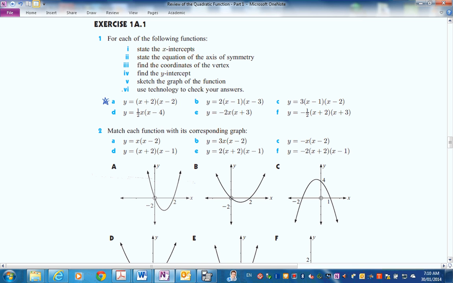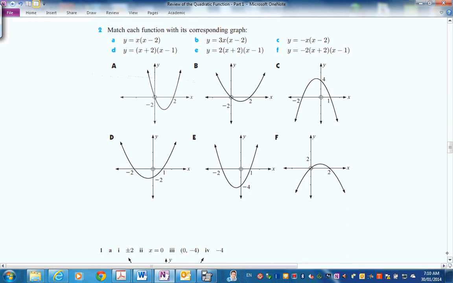These are all from the Hayes and Hayes textbook, exercise 1A1, starting right at the beginning with some revision. So we want you to do everything and use technology to check your answers. Okay, so pause the presentation, have a go, and then I'll scroll down to this question too, and then I'll show you the answers. The answers are coming up down the bottom there. Okay, you pause, and as you do a problem, go and check it.